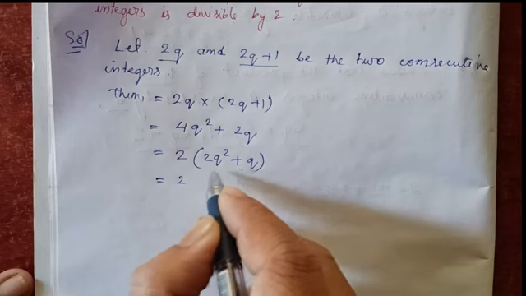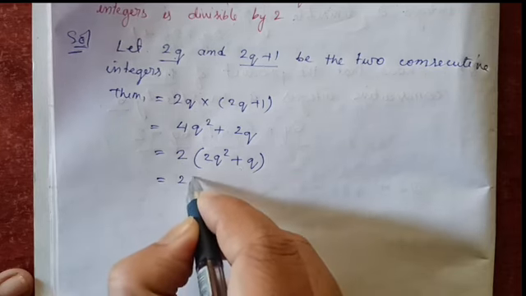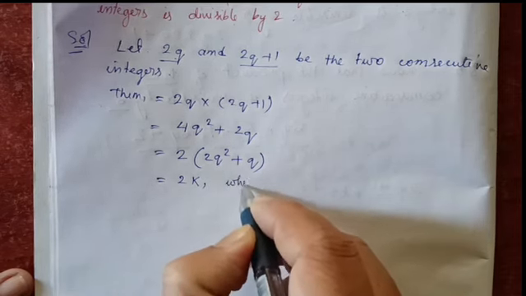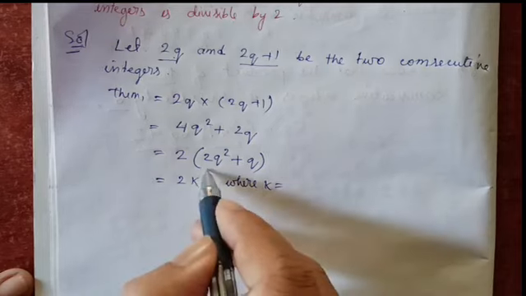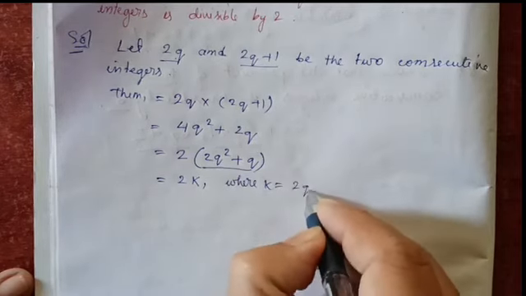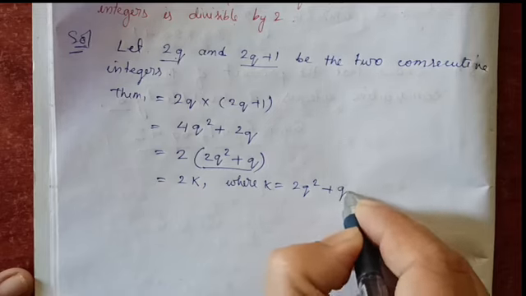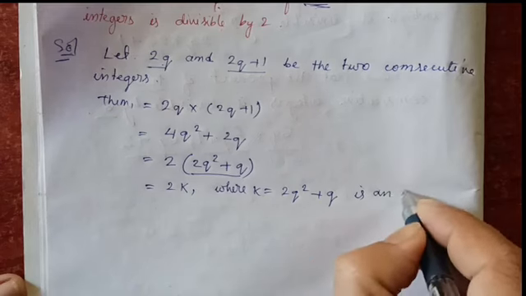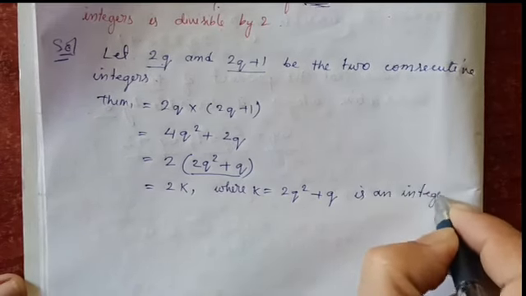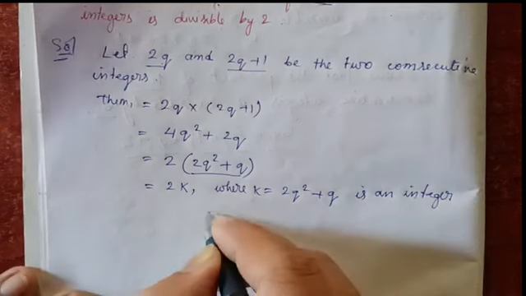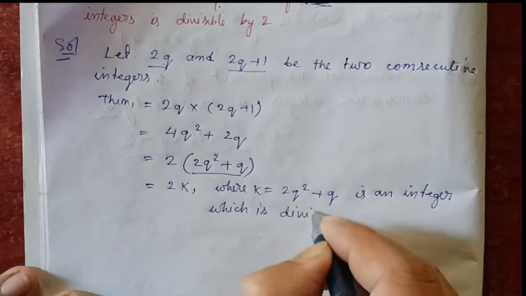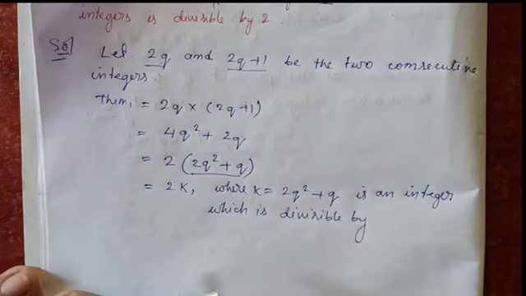So the expression inside the bracket, you replace with k. It's very easy. So you can show here where k is equal to 2q square plus q, is an integer which is divisible by 2.